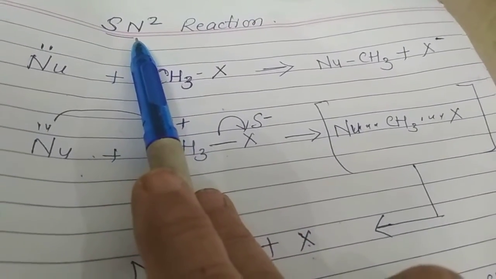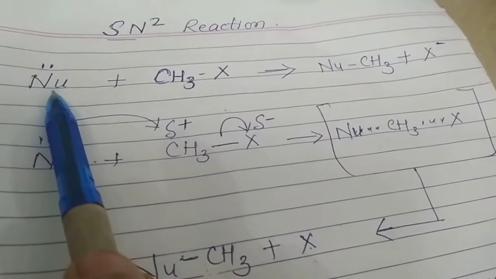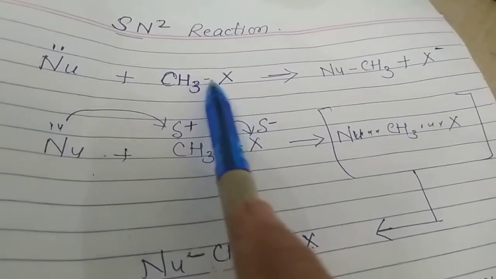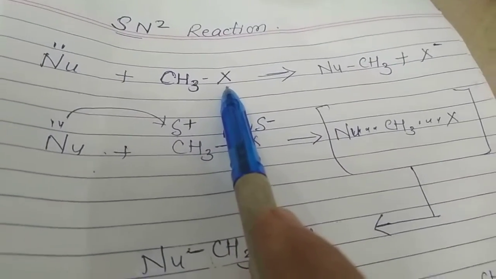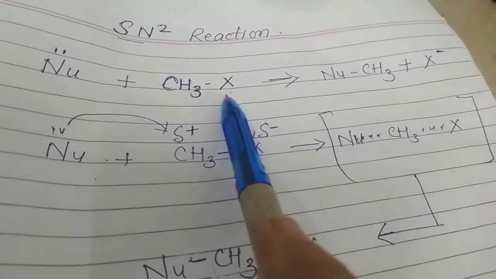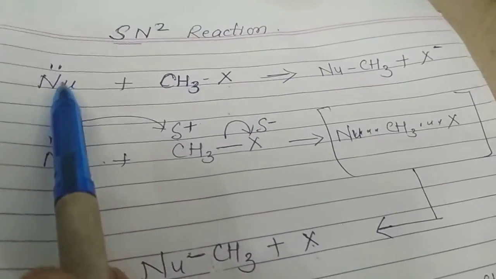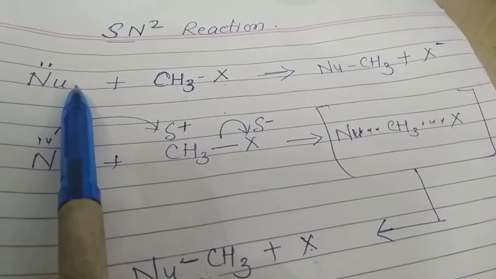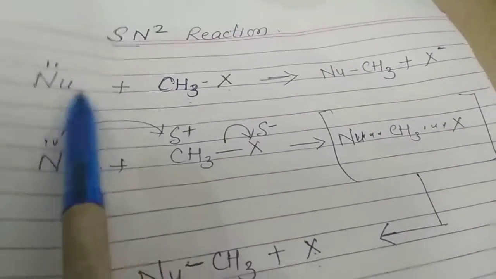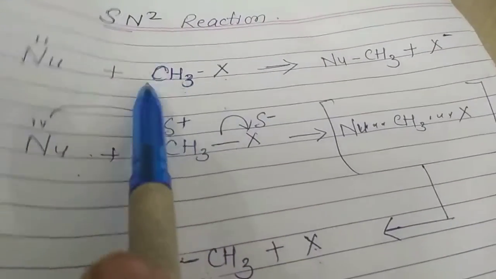So nucleophilic means when one nucleophile takes the place of another nucleophile, it is known as a nucleophilic substitution reaction. And secondly, bimolecular, because the reaction is dependent upon both the reactants taking part in the reaction.